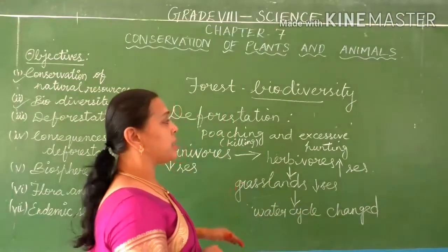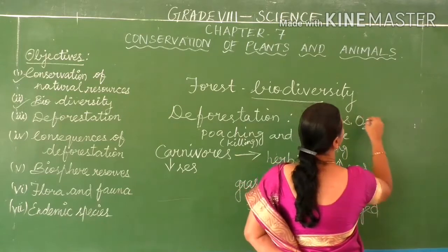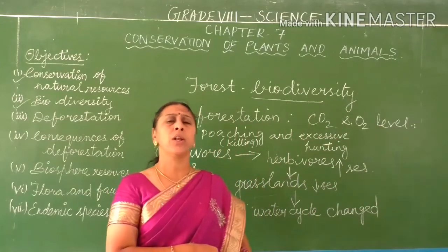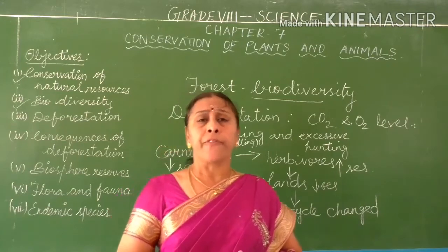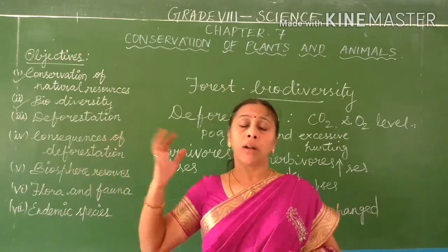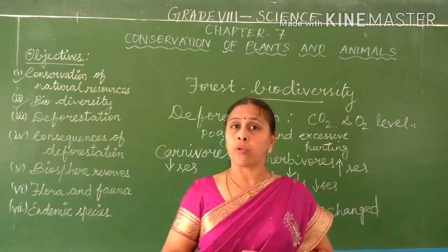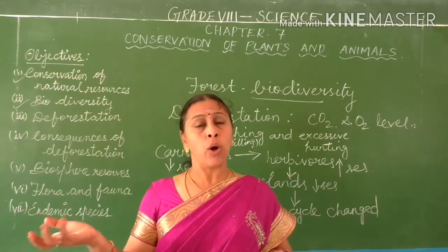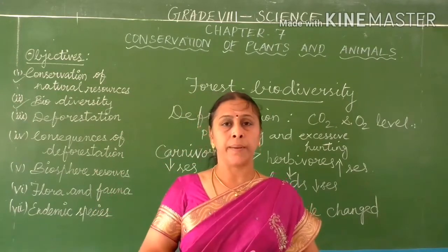Another consequence is that the carbon dioxide and oxygen levels in the environment will also not be maintained. How? If trees are cut down, plants release oxygen during the daytime when they carry out photosynthesis. If no plantation, no trees are there, what will happen? Carbon dioxide level increases in the atmosphere.